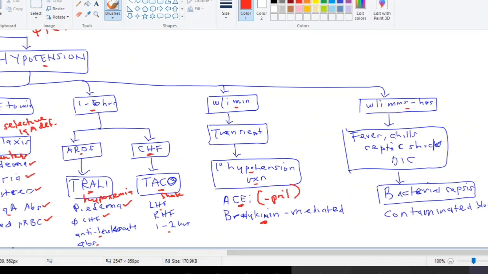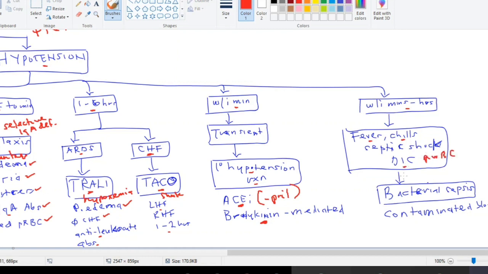If they have it within minutes or hours or even days, and now with evidence of infection, they're in septic shock or sepsis, with fever, chills, peripheral vasodilation, warm extremities, their skin is warm and dry. A blood culture may even come back positive. Temperature is high, WBC is elevated.